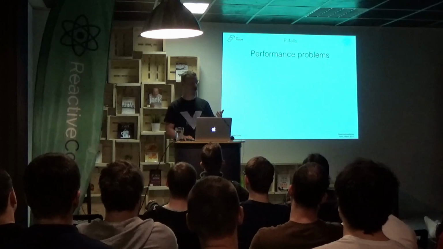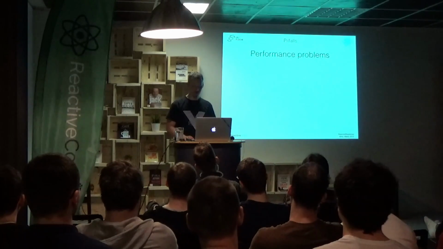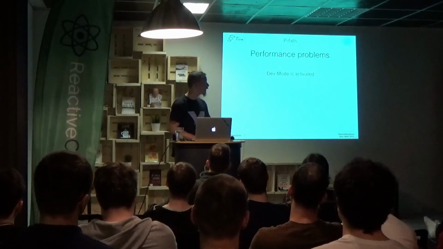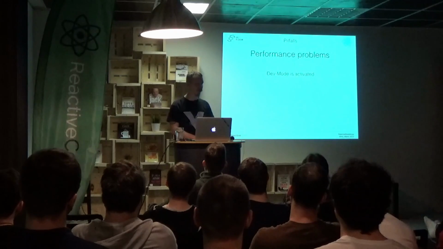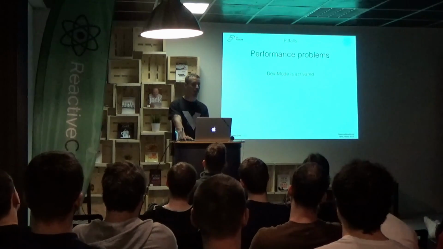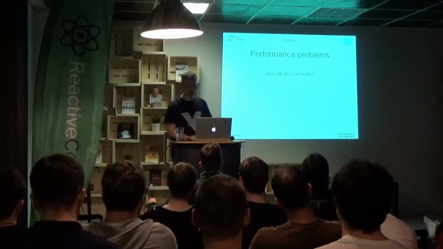It was a horror. And that's the first thing quoted in the React Native documentation for performance problems: there is a development mode on Android that is better turned off, because it makes the application really slow. So that was an easy one.